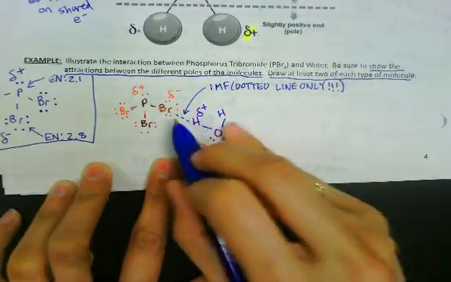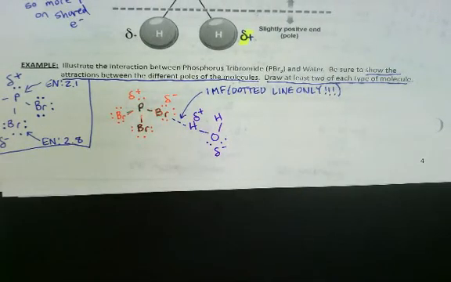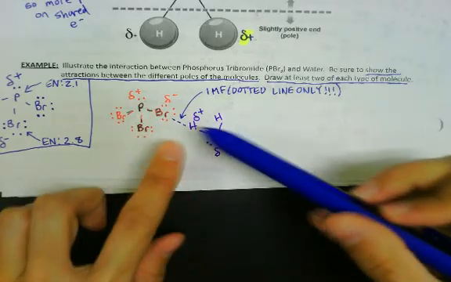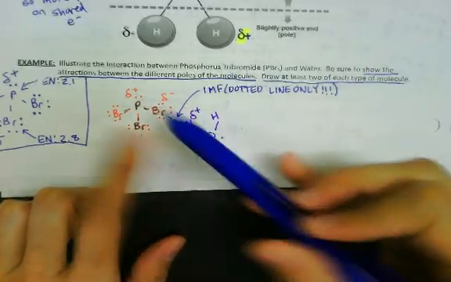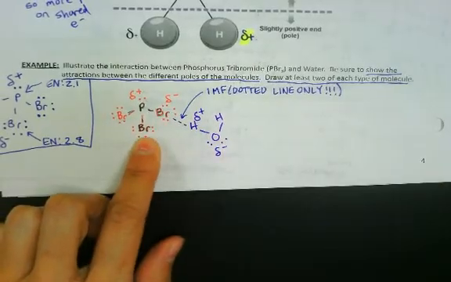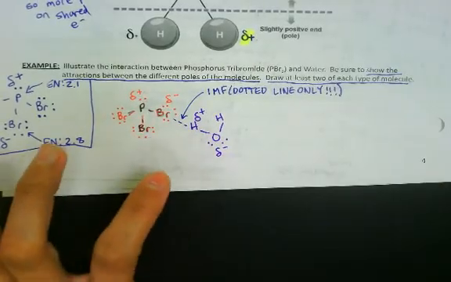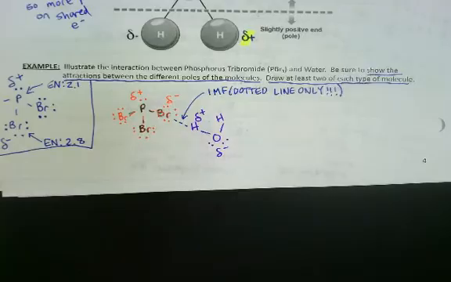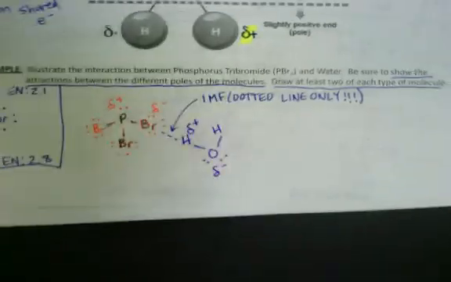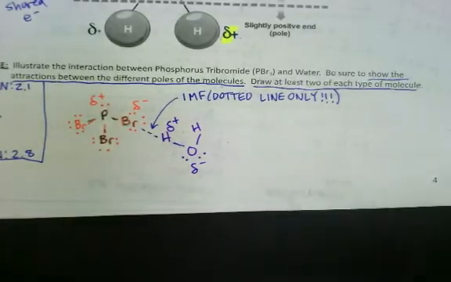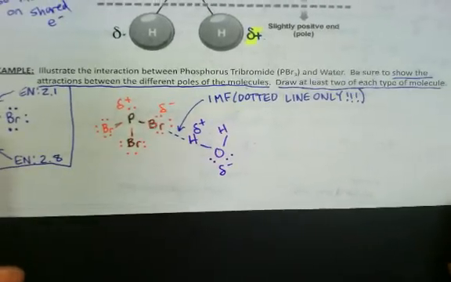This is not a covalent bond that is forming. This is a force that exists because of the attraction of this partial positive pole and this partial negative pole. It is a force. It's not a covalent bond. So I'm just going to do my little dashes to show that that is an intermolecular force. I'm going to zoom in a little bit more so it's easier to see.